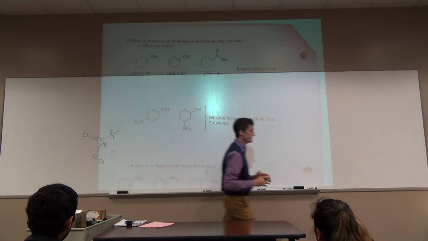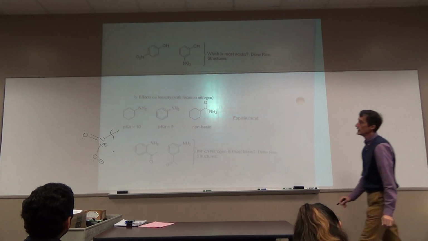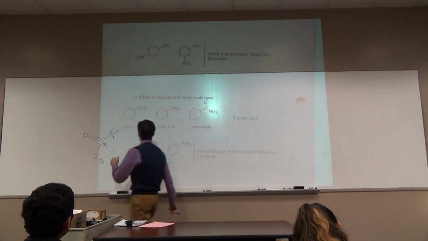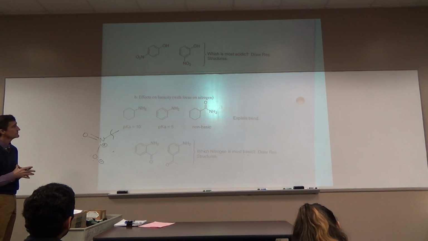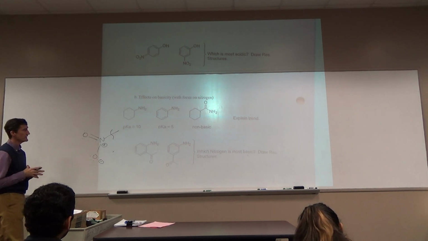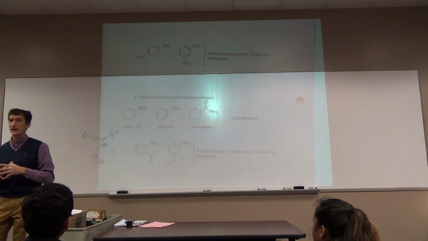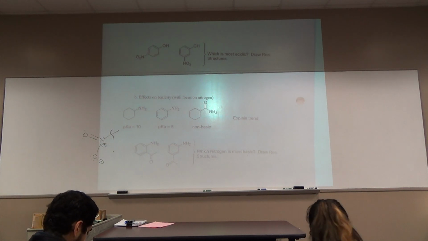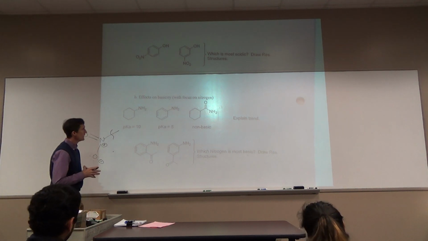Effect on basicity. Looking at nitrogens, because usually if you're looking at a neutral molecule, just about the only thing that's going to be basic is a nitrogen. We could be looking at anions, but these are all neutral nitrogens.